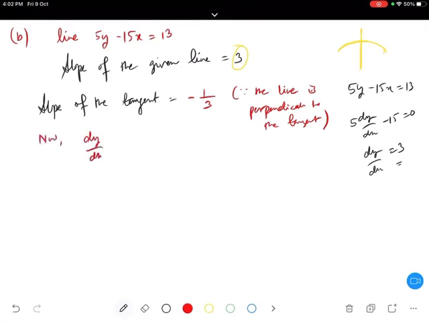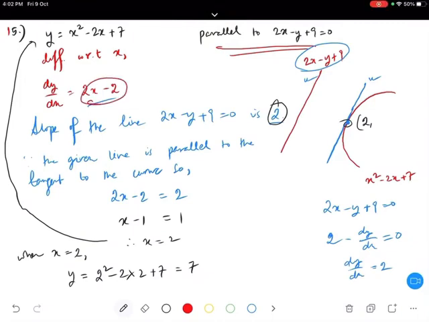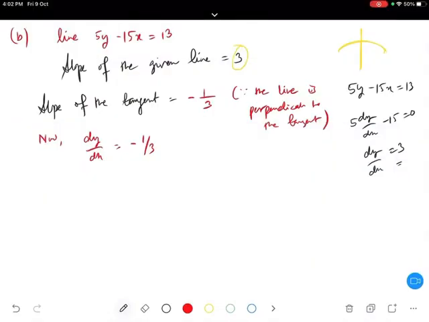From the previous part, dy/dx was equal to 2x minus 2. So let us put it in there. It's the same question. So 2x minus 2 is equal to minus 1 by 3. So let us find the value of x.